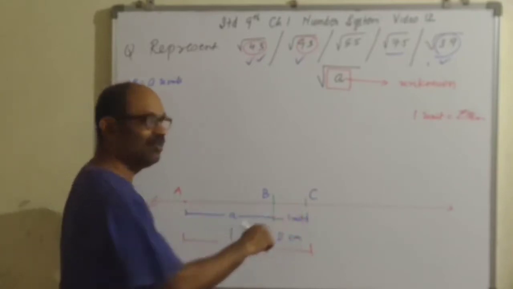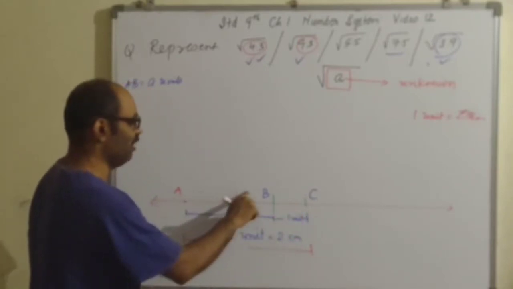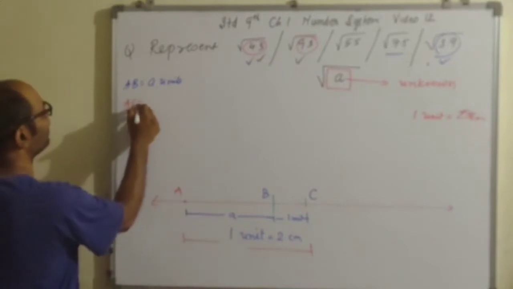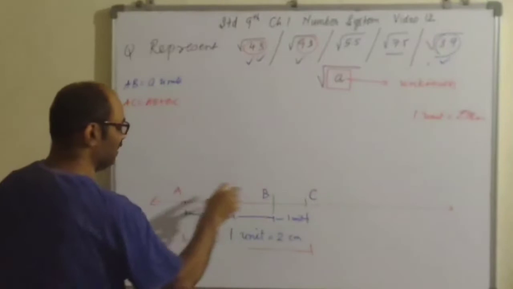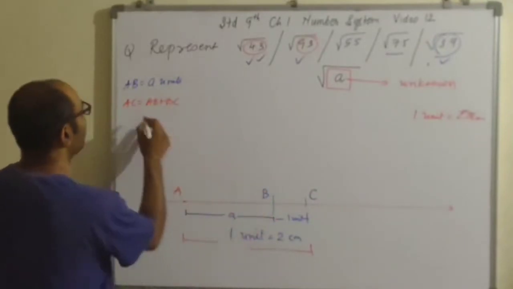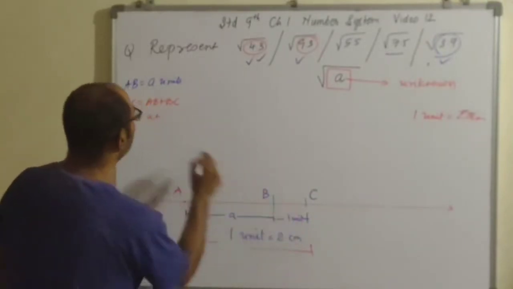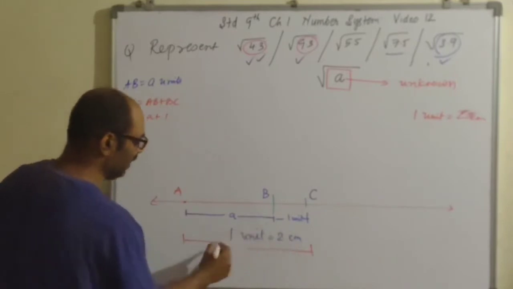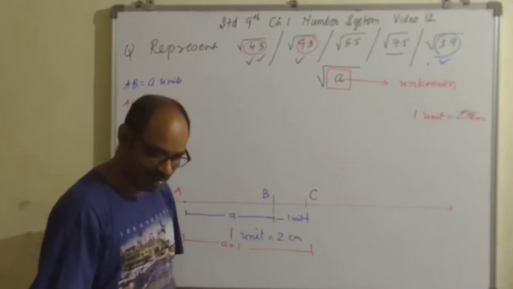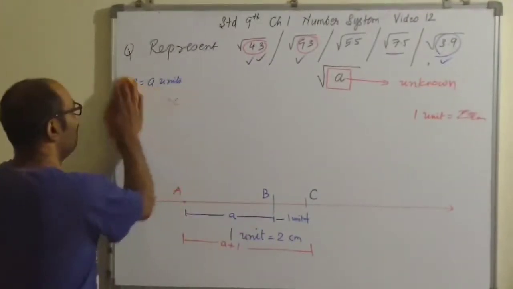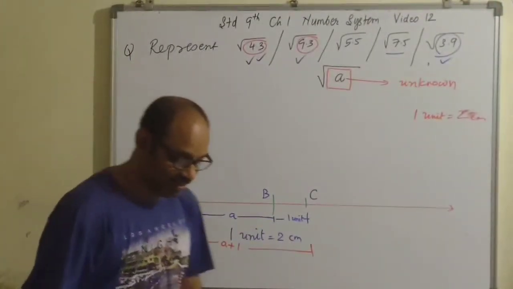AC is equal to AB plus BC. How much is AB? A. And how much is BC? 1. So AC is equal to A plus 1. Got it, children? Please pay attention.